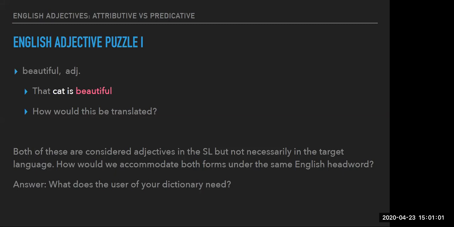Because if you want to create a production oriented dictionary, for instance, the user wouldn't really be able to use it productively, right? Like he or she or they would only know how to use it in the context where the example would be appropriate.